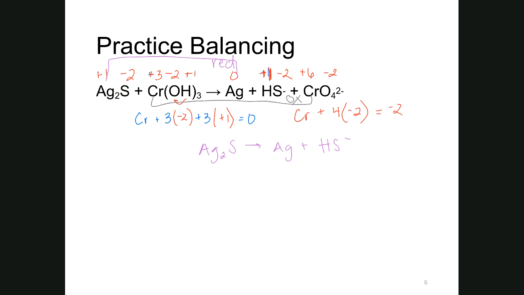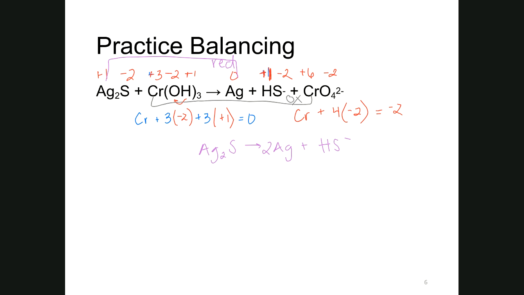So the fact that I don't have a hydrogen on the left side is okay. But if I don't have silver on both sides and sulfur on both sides, that's not okay. Again, we're going to start by balancing anything that's not H or O. In this case, the only thing that needs to be balanced is silver, and we're going to do that by putting a 2 there. The sulfurs are already balanced.